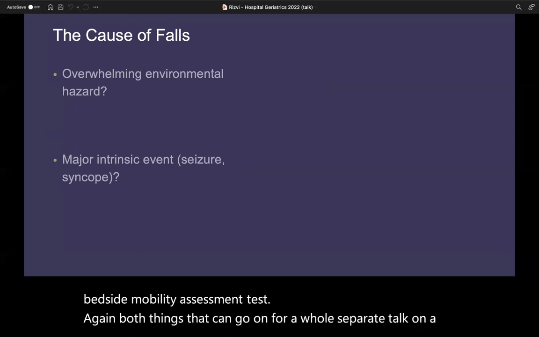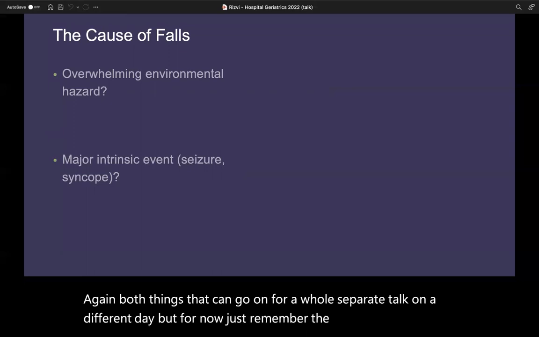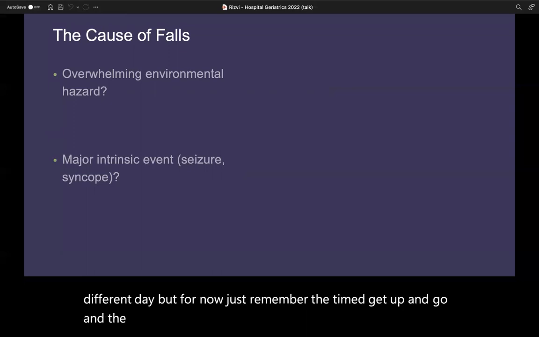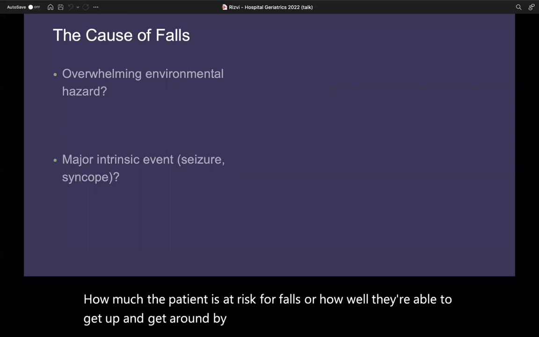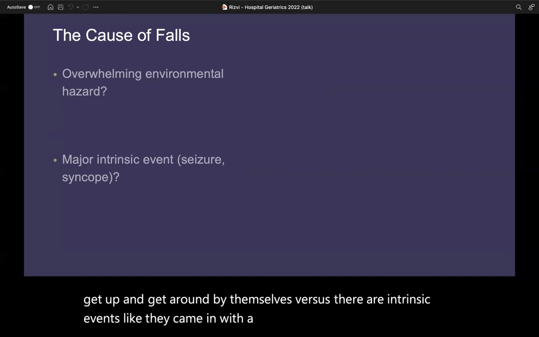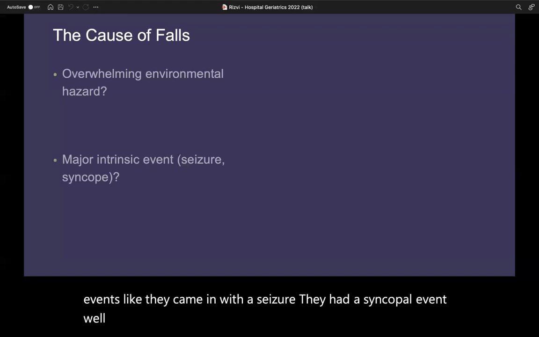But for now, just remember the timed get up and go and the bedside mobility assessment tool, which can help understand how much the patient is at risk for falls or how well they're able to get up and get around by themselves. Versus there are intrinsic events, like they came in with a seizure, they had a syncopal event. Well, that could be either because of a pathologic or a pharmacologic issue.